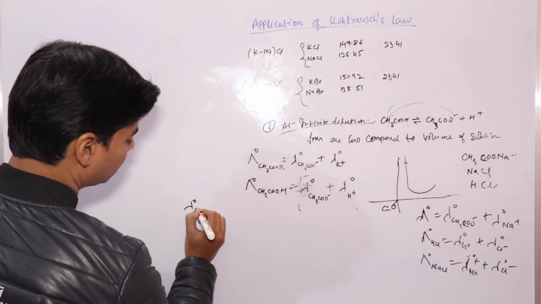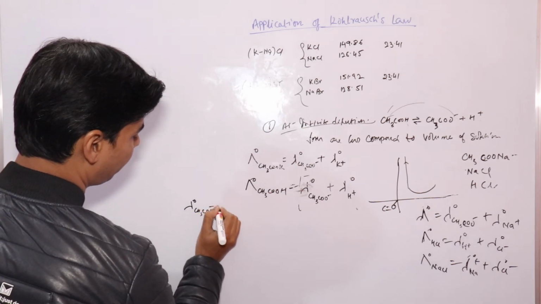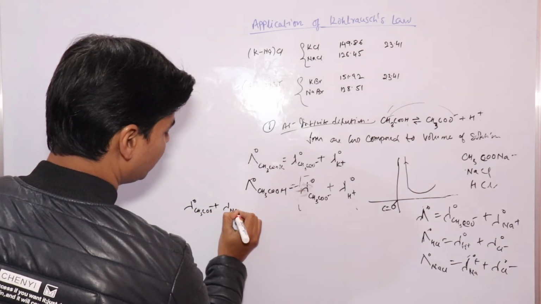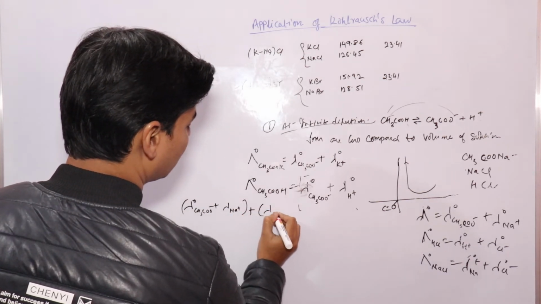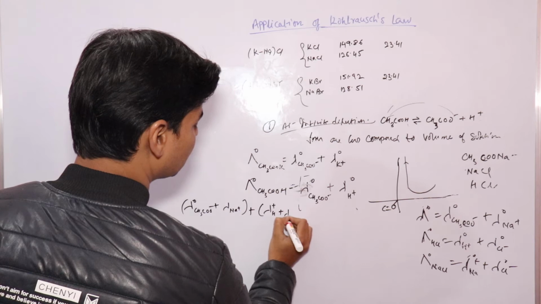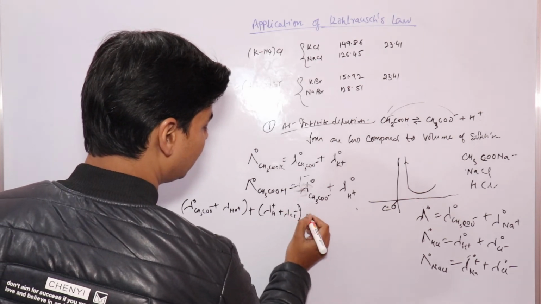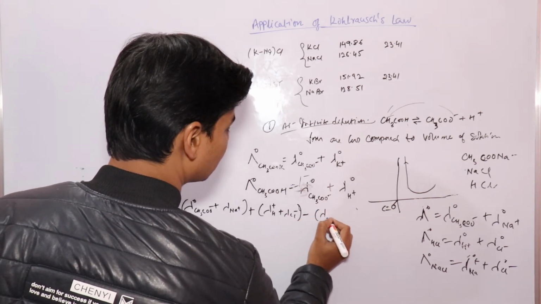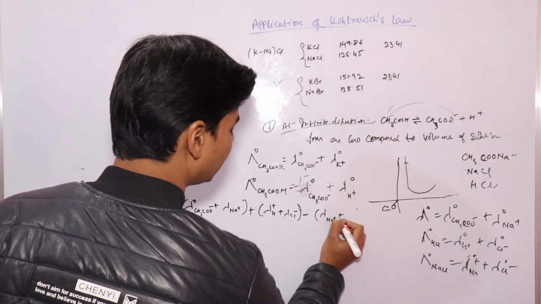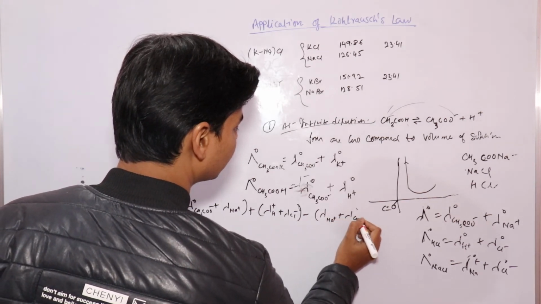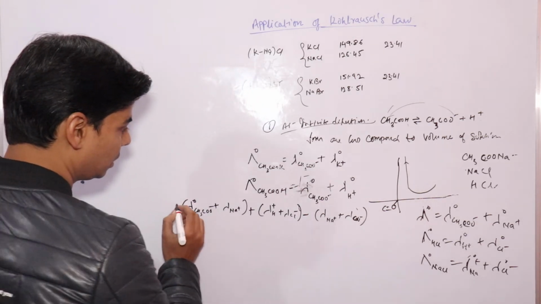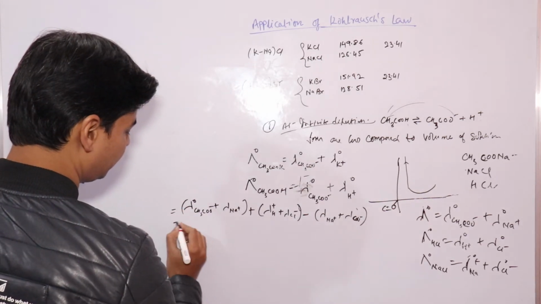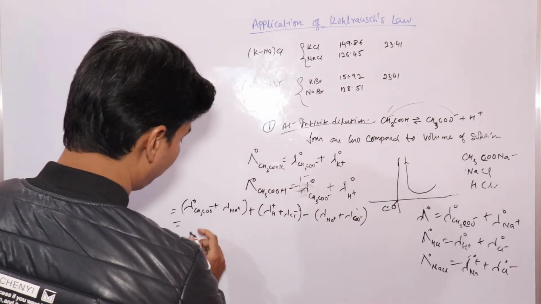This is the ionic conductance of acetate ion plus sodium ion, plus the ionic conductance of hydrogen ions, plus chloride ion, minus the ionic conductance of sodium ion, minus the ionic conductance of chloride ions.